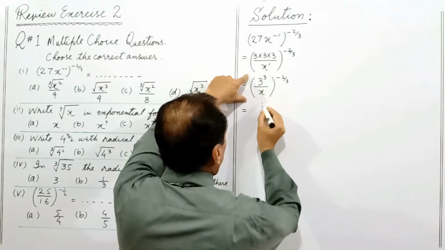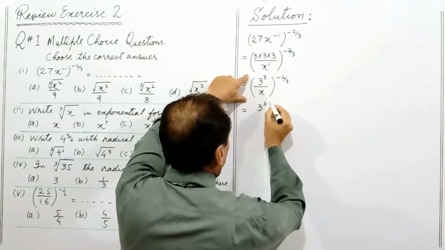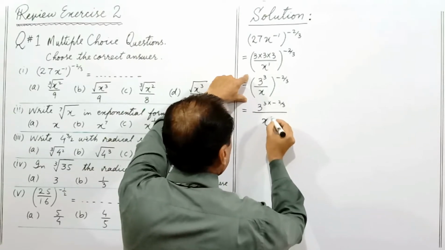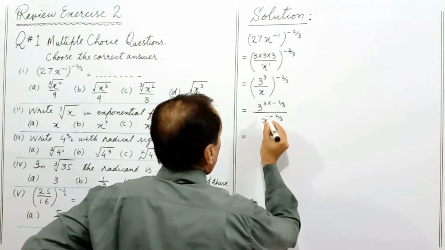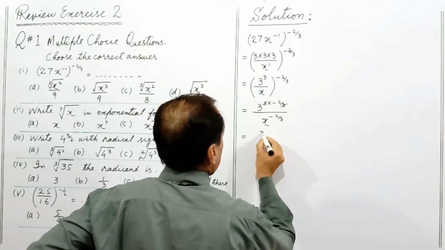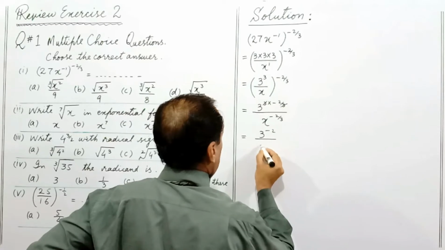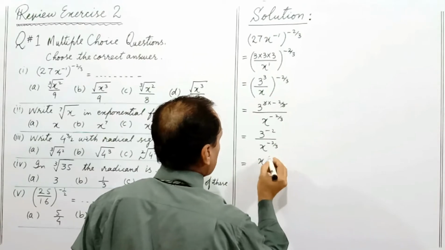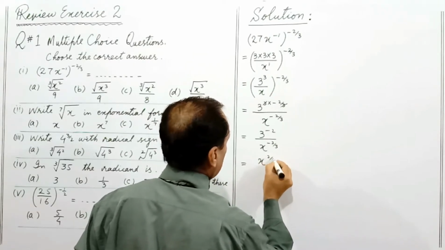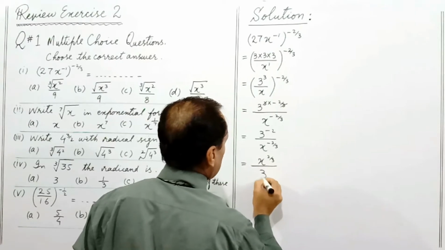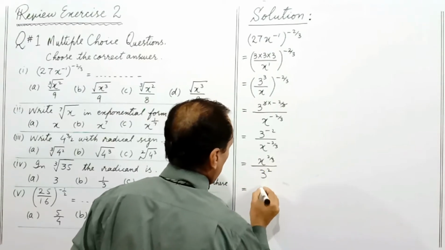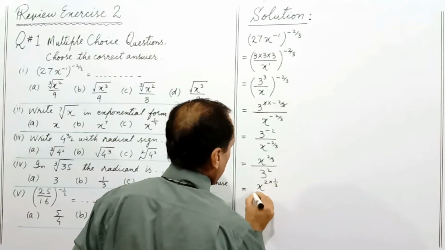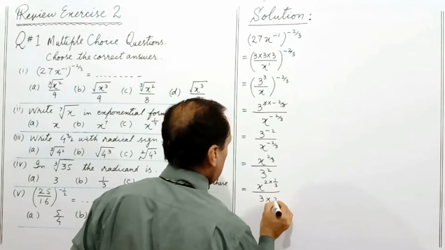We apply the law of power of a power, so 3 raised to power 3 multiplied by minus 2 by 3, x raised to power minus 2 by 3. 3 is cancelled by 3, what do we have? 3 raised to power minus 2 and x raised to power minus 2 by 3. x is taken to the numerator, so it becomes x raised to power 2 by 3 divided by 3 raised to power 2. We can write x raised to power 2 over 3 as x raised to power 2 multiplied by 1 by 3, and 3 raised to power 2 as 3 multiplied by 3.